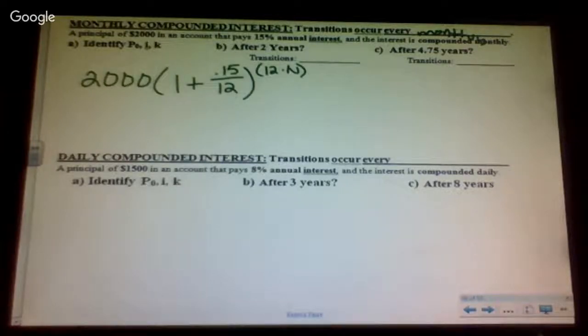They want every 2 years and every 4.75 years. Go ahead and get those. Wait, what's the n value again? That's why we don't fill it in, because it changes: 2 years, 4.75 years.